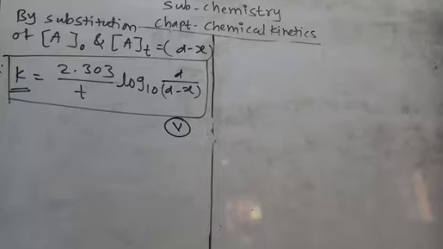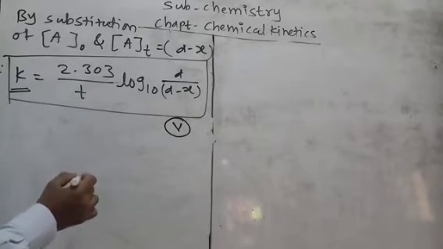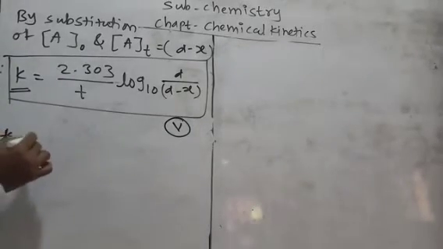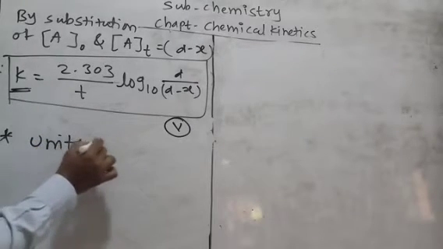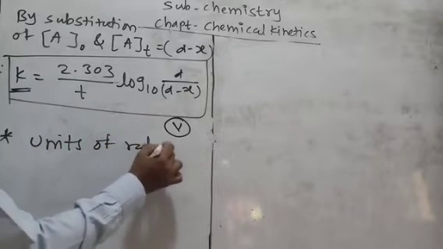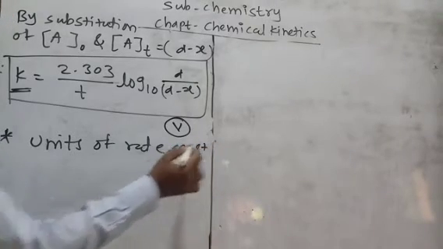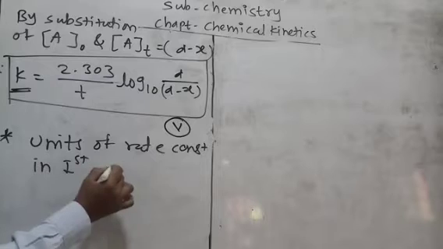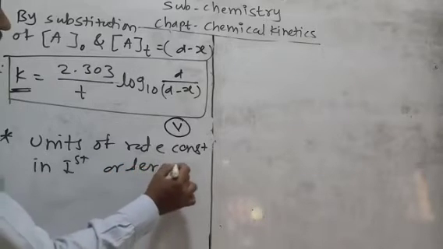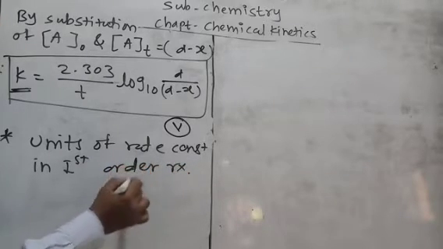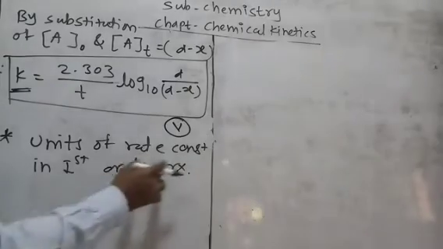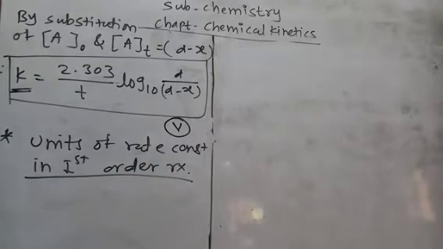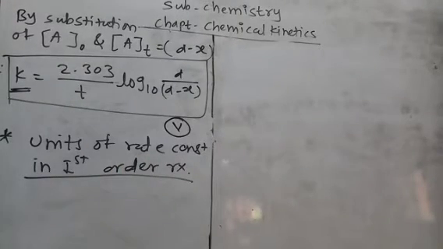Then the next point is the units of rate constant. What is the rate constant? It is k. To find out the units of k, that is the rate constant, in the first order reaction, we have to know what dimensions are used in that equation.